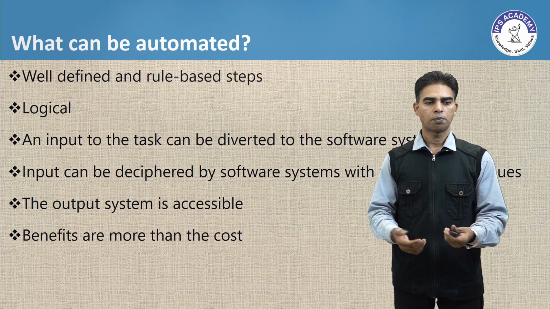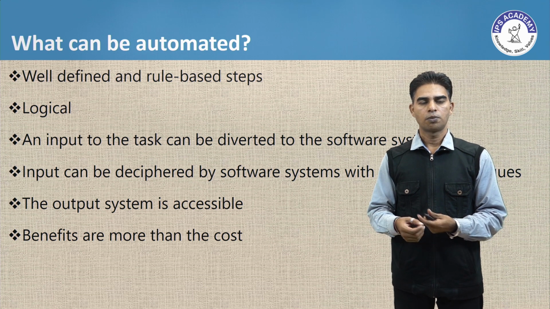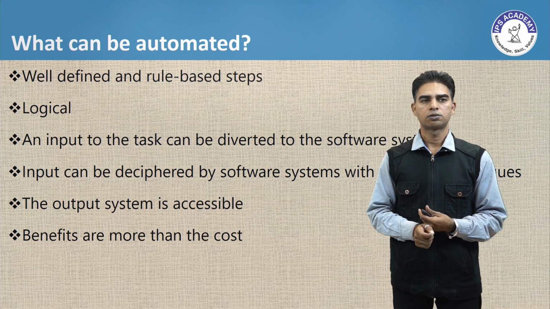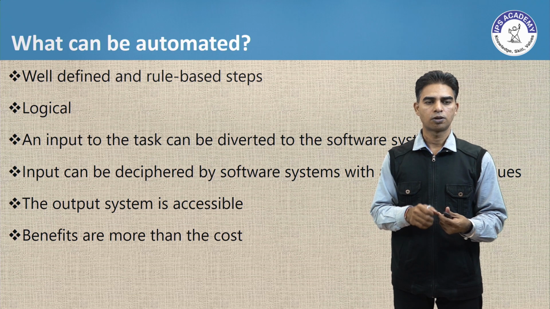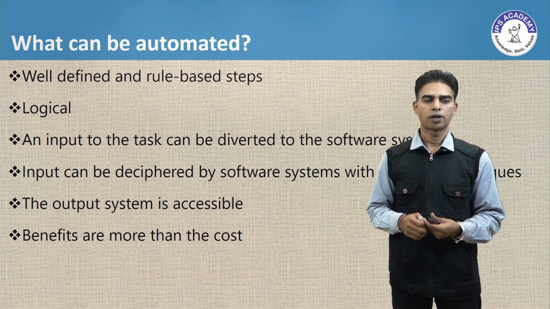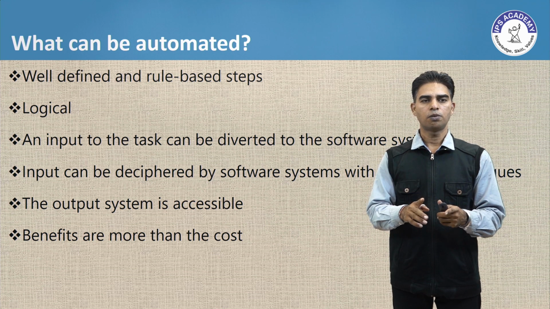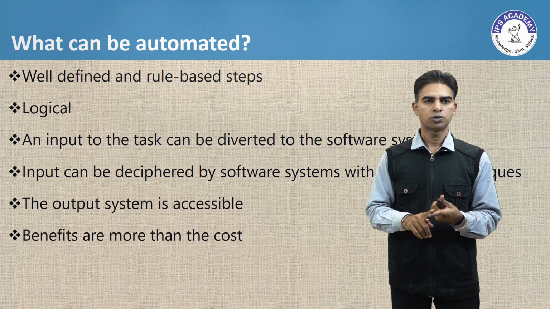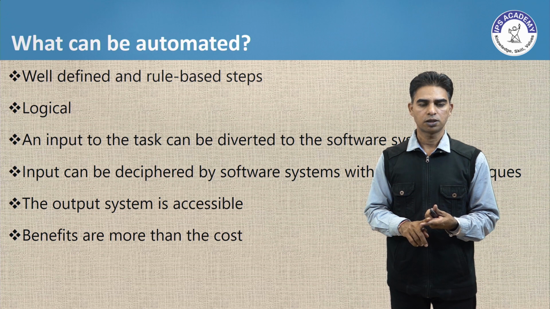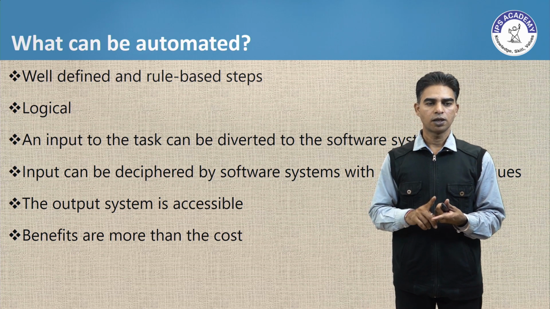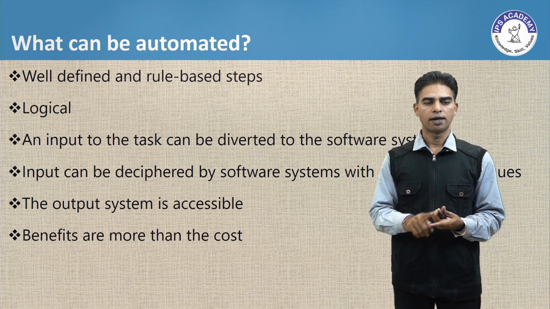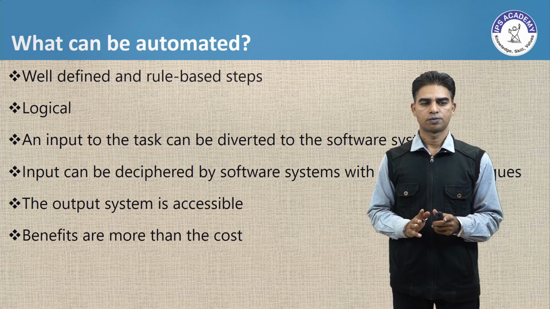Those steps are well defined, because whenever your steps are not in sequence or not rule defined, you cannot automate them. Those things that can be automated are previously defined, previously ruled, and in a well arranged manner.